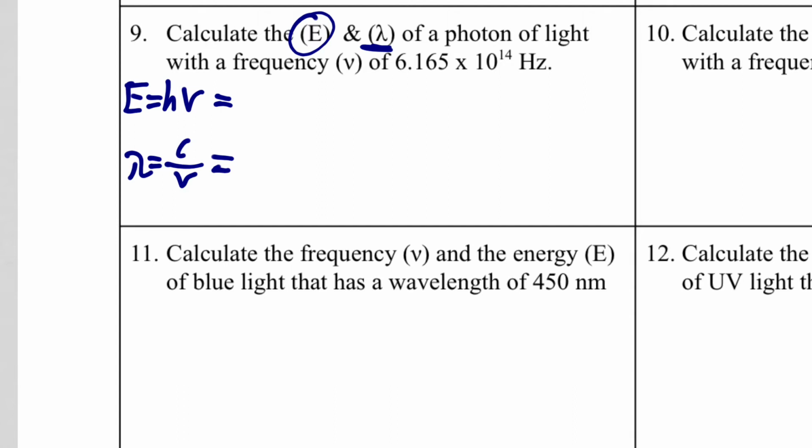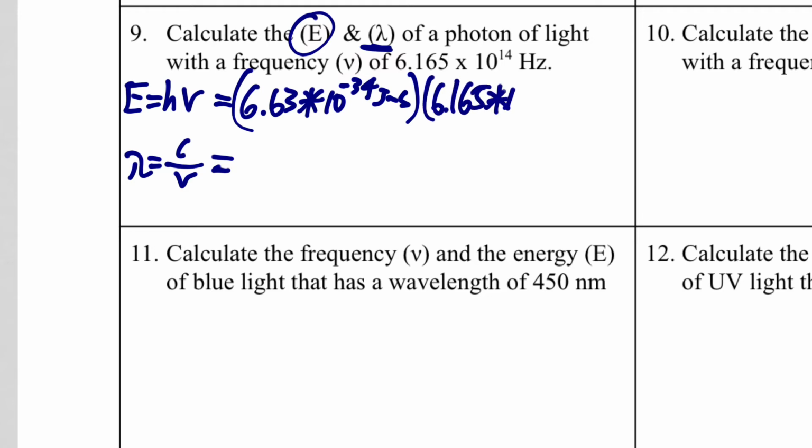So the first part is you are going to do 6.63 times 10 to the -34th joules second. No, joules second, not joules per second, but joules second. And multiply that whole thing by the 6.165 times 10 to the 14th hertz, and you're going to get an answer for that part.